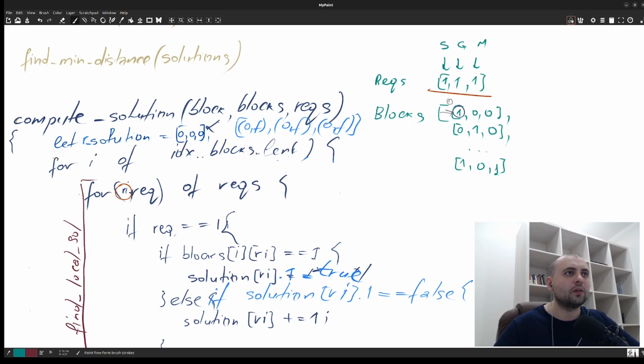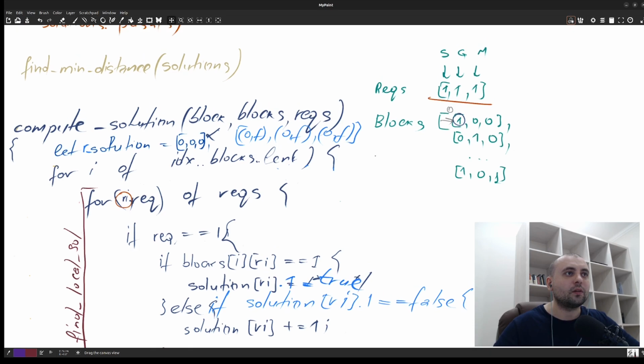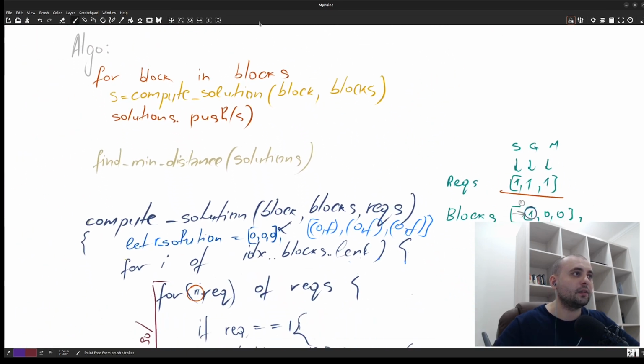Simple analysis: we have a for loop, and we have compute solution called n times in that for loop. Here we have find min distance. This will be iterating over each solution, because we'll need to check if this is the best one or that, which is the find minimum part mainly.